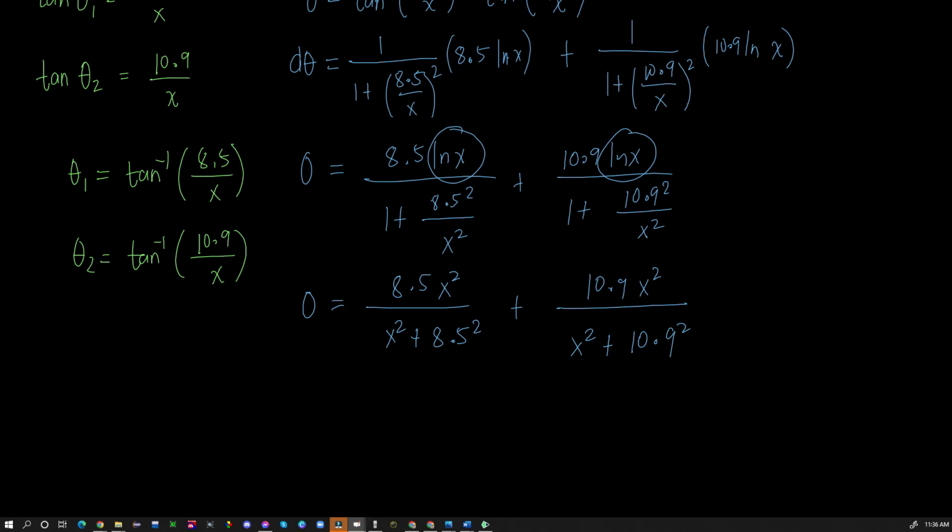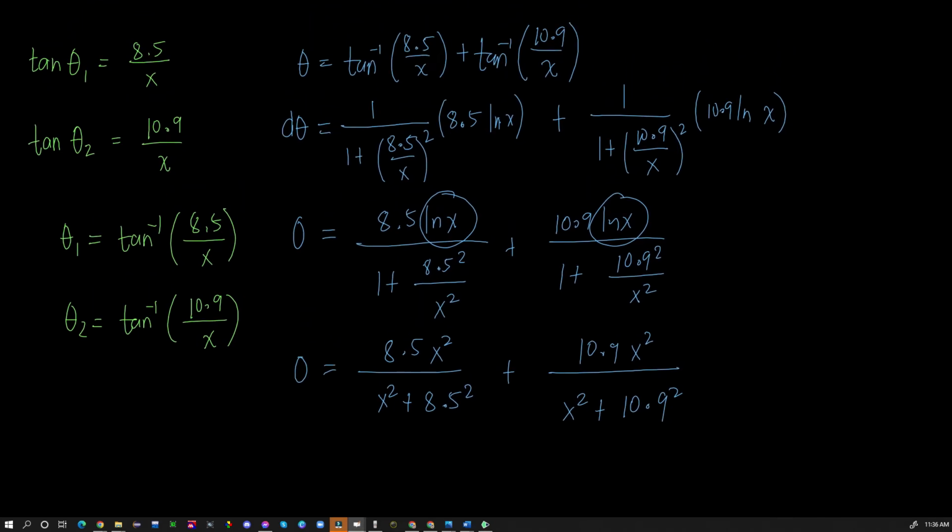Kaning sa 8.5 ay 8.5 ln x. Derivative ani. Diba this is 1 over x or a over x. So, ang derivative ani, mao na siya 8.5 ln x. The derivative sa 1 over x is ln x man.